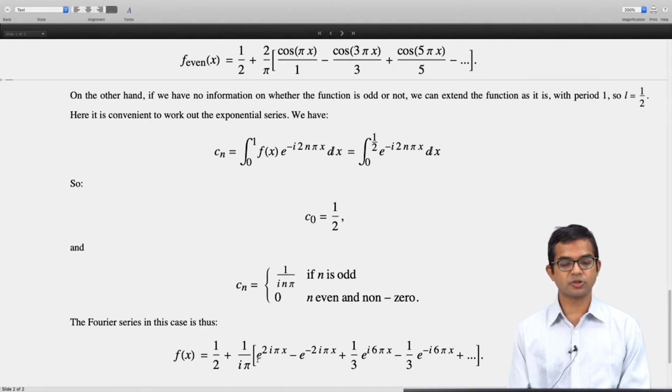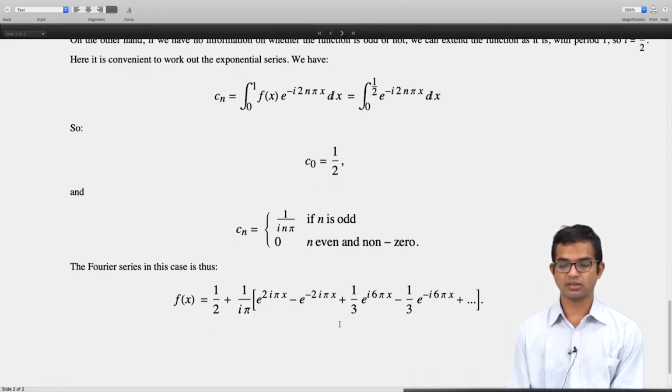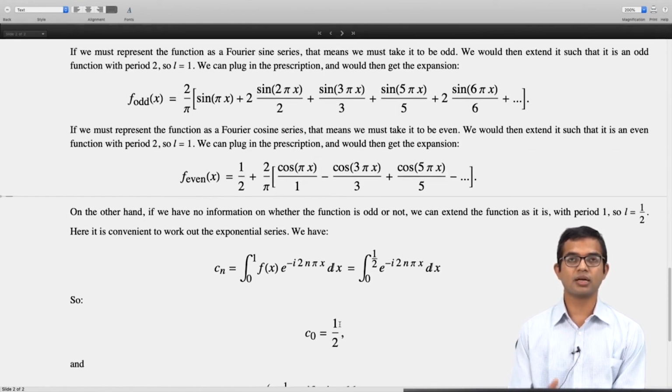So you'll see that this exponential series is going to be something like 1 over 2 plus 1 over I pi times e to the 2 I pi x minus e to the minus 2 I pi x, plus 1 over 3 e to the I 6 pi x minus 1/3 e to the minus I 6 pi x, and so on, right? So it would be an instructive exercise for you to take truncated versions of each of these series and plot them, using some plotting software.